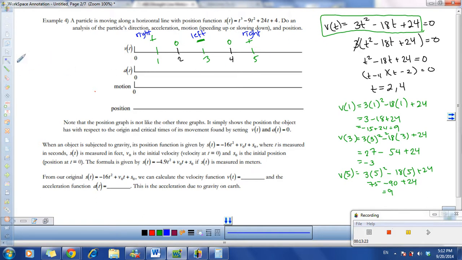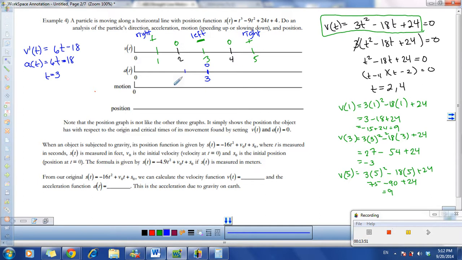So the derivative of velocity is equal to 6t minus 18. Yep, that's it. So my acceleration is 6t minus 18. And now, when does my acceleration equal 0? At t equals 3.